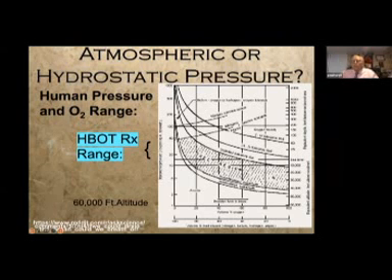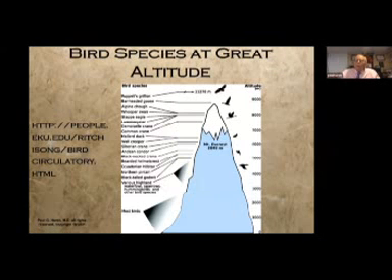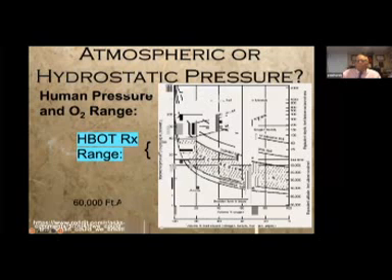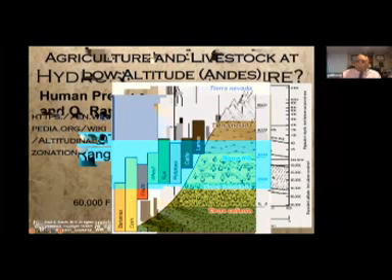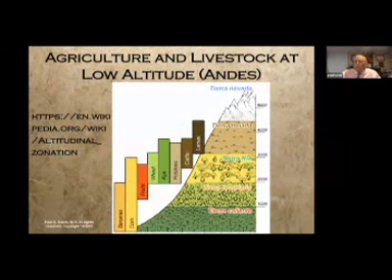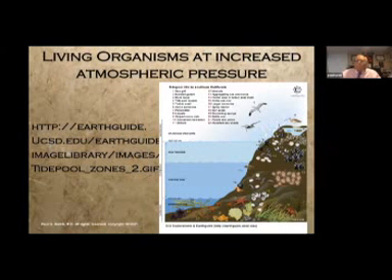But if we look at this, on Earth, different species of birds are found at different altitudes. And the same thing with plants and animals. They thrive at particular altitudes. If we go below sea level, the flora and fauna are also distributed by pressure.